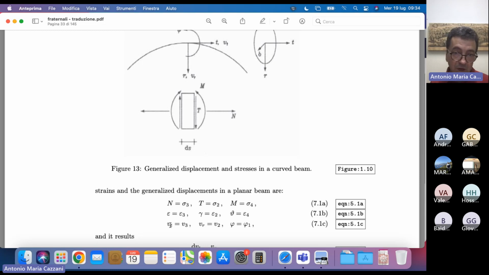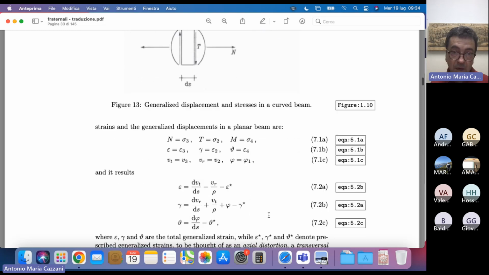The corresponding generalized displacements are Vt, the displacement along the tangent curve, Vr, the displacement along the normal direction, and the cross-section rotation phi, which is aligned with the binormal direction.